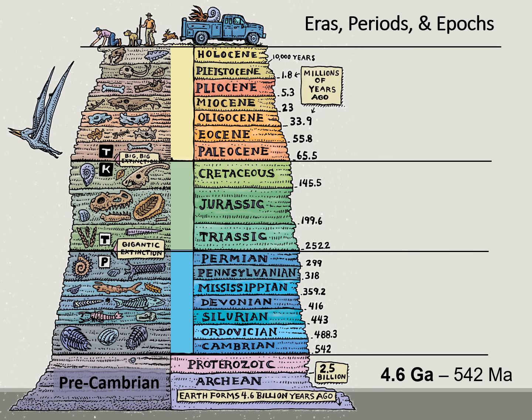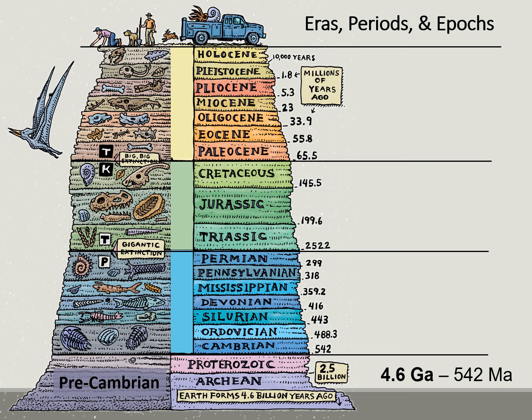So here is our geological timescale. Earth formed 4.6 billion years ago. So that's Ga, giga annum, right? Giga stands for billion. So from 4.6 billion years ago to 542 million years ago, we call that the Precambrian, and that basically encompasses 90% of Earth's history.